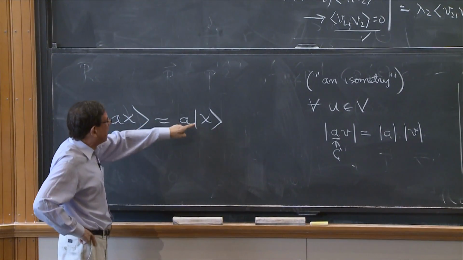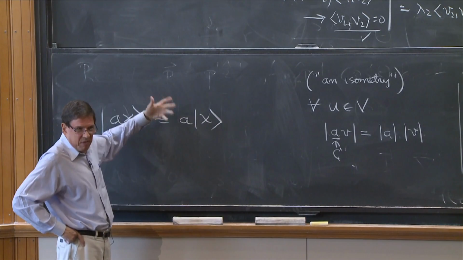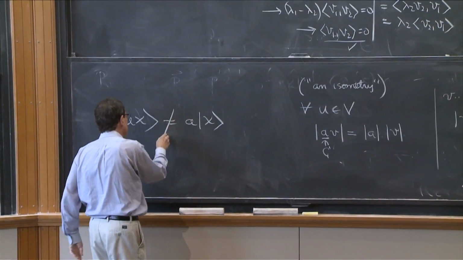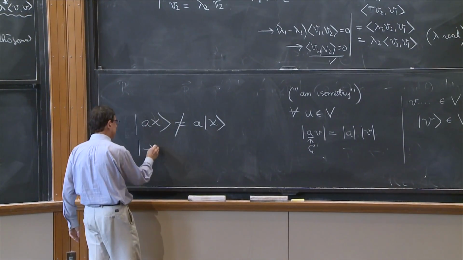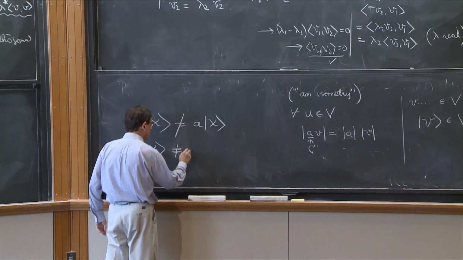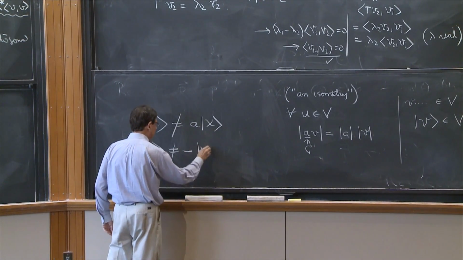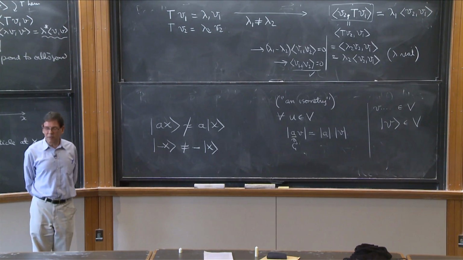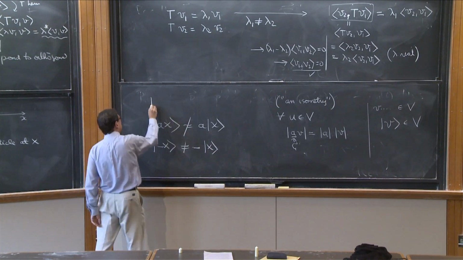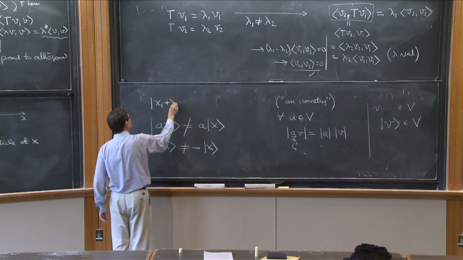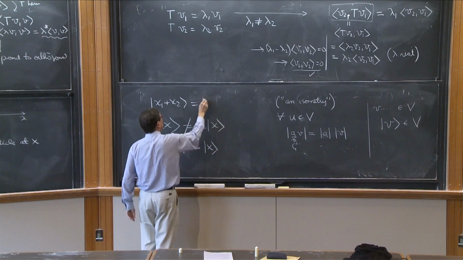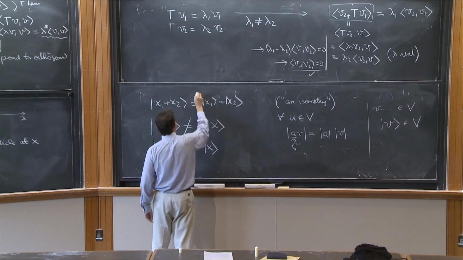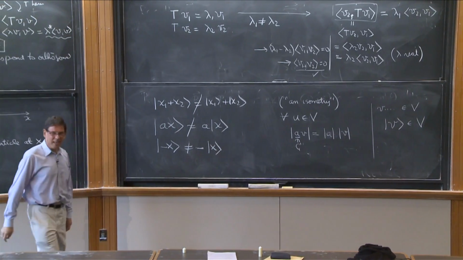And this is a particle at x with some different amplitude. Very different. So this is not true. Typical mistake. This is not minus x. That's totally different. So there's no such thing as this either. Linear. It doesn't mean anything.